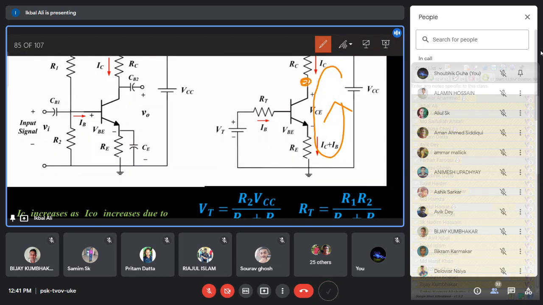So we have to deal with the output side of the transistor, because a transistor can amplify a signal only in the active region. So you also know the output characteristics of the transistor. Can anybody say how to draw the output characteristics of a transistor?